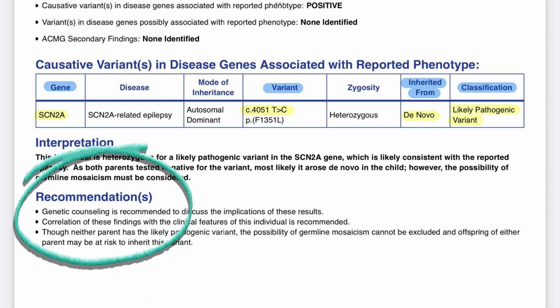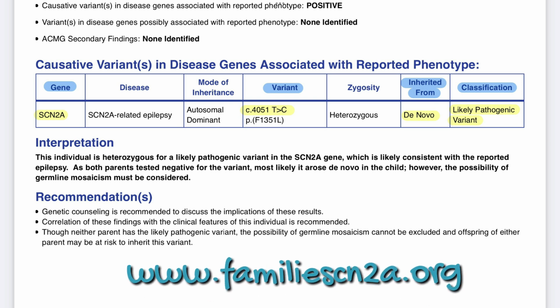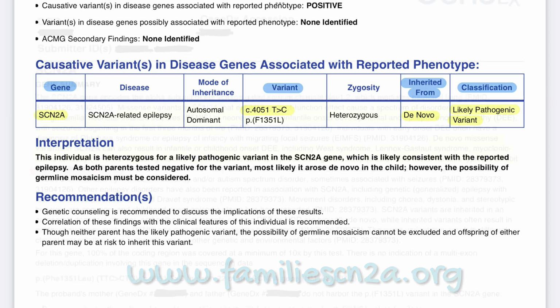Underneath of this are recommendations, and GeneDx always lists these three things on their reports. My favorite is to speak with a genetic counselor. If you have any questions about speaking with a genetic counselor, please reach out to the team at Families SCN2A, as they have wonderful resources and can provide you to some excellent providers.